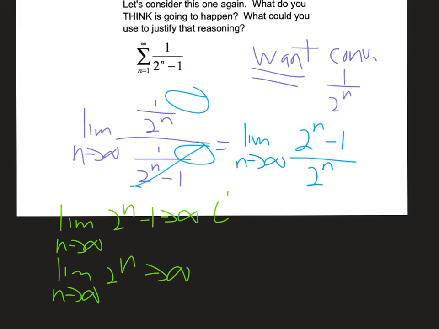So now I can use l'hôpital. I can take the derivative of the top and the bottom. If you can't remember the derivative of 2 to the n, think of it as 2 to the x. So y equals 2 to the x. Take the natural log of both sides. Take the derivative.